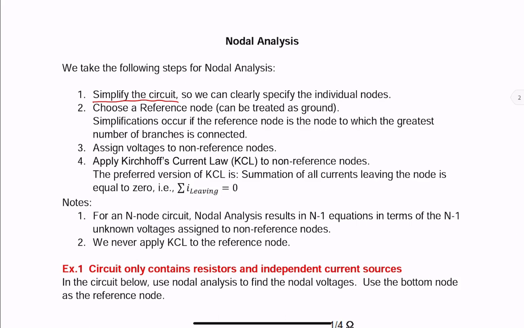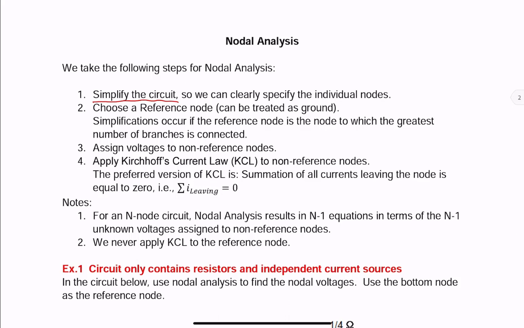It could be assumed to be ground. It doesn't have to, but we treat it as having 0 volts. And simplifications in the solution occur if the reference node is the node to which the greatest number of branches is connected. We assign voltages to non-reference nodes.